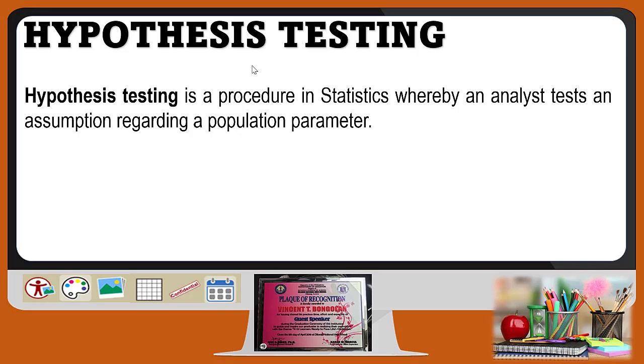And third is the judge. All right. So, on the side of the accused, let's say, for example, the accused is the null hypothesis. The complainant is the alternative hypothesis. And the judge is the researcher or investigator.